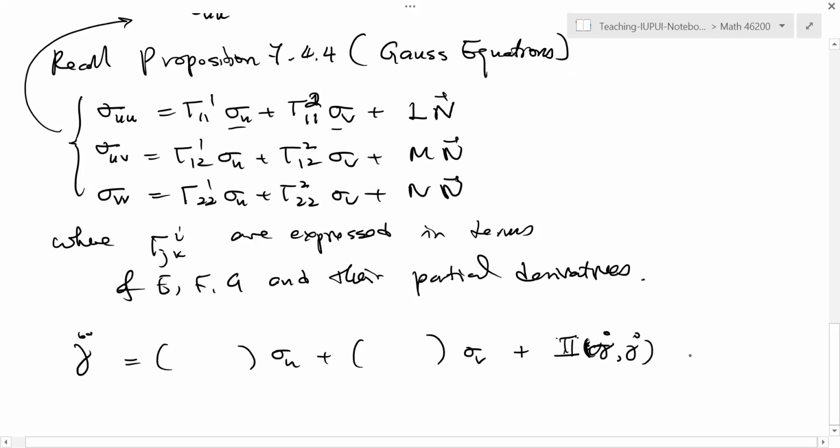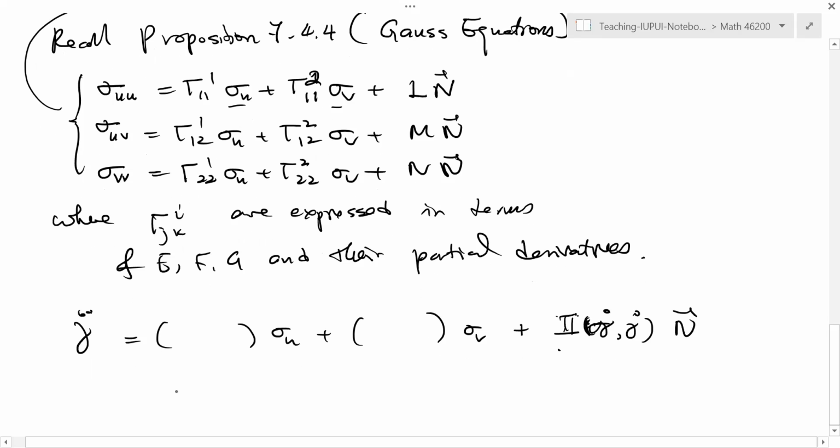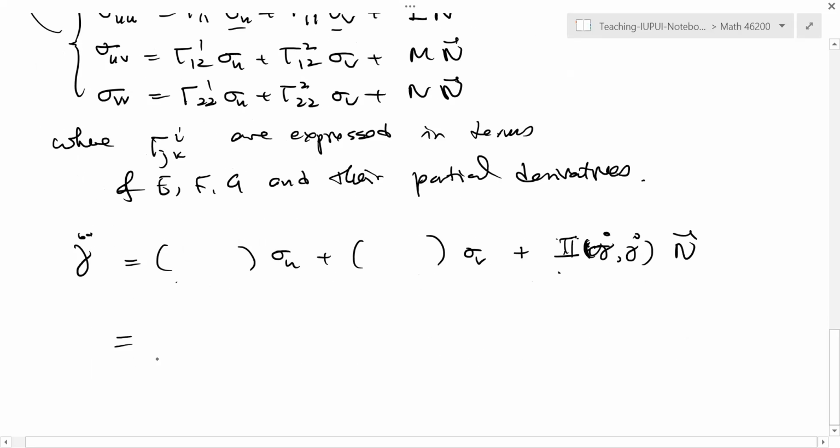Okay, and in the direction of the normal vector. Okay, so this part is, let's see what this part is, right? So eventually you can get this. Okay, oops, the file is gone. Just bring it back.